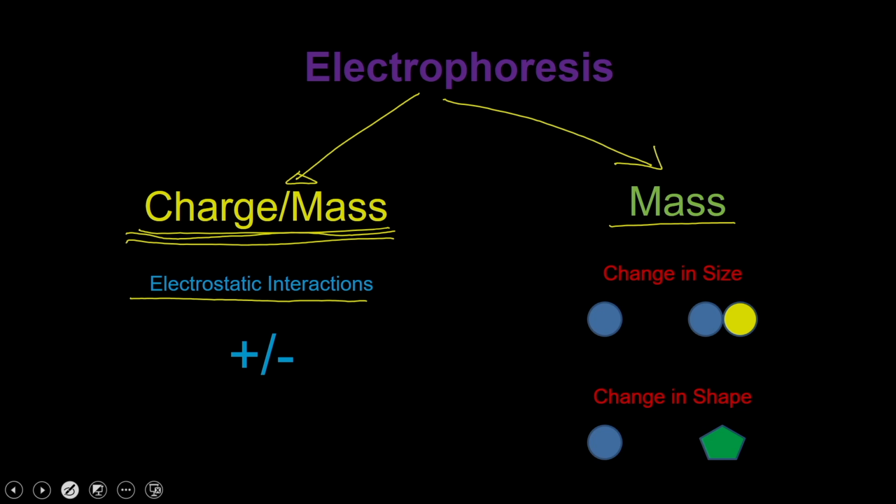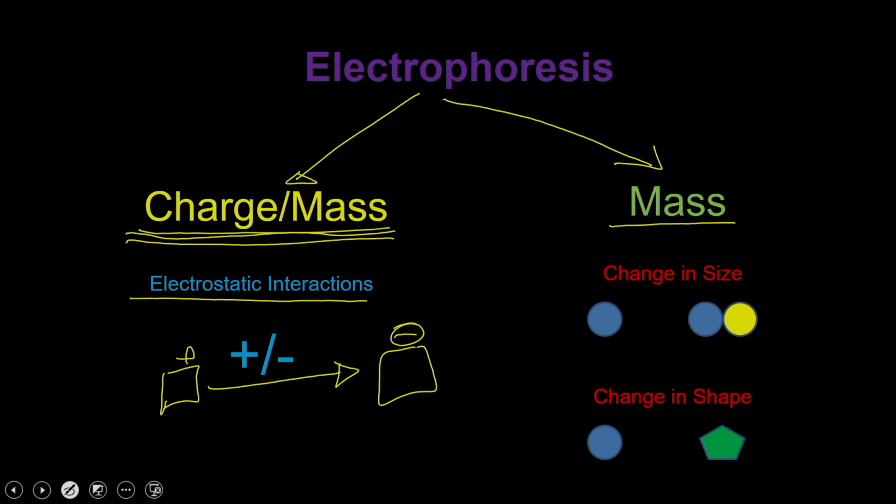So, you can imagine that a molecule is uncharged, but if you do some activity or process and because of that the molecule acquires positive or negative charges, then this charged molecule can be separated from the neutral molecules. Or vice versa, a positively charged molecule changes into a negatively charged molecule.